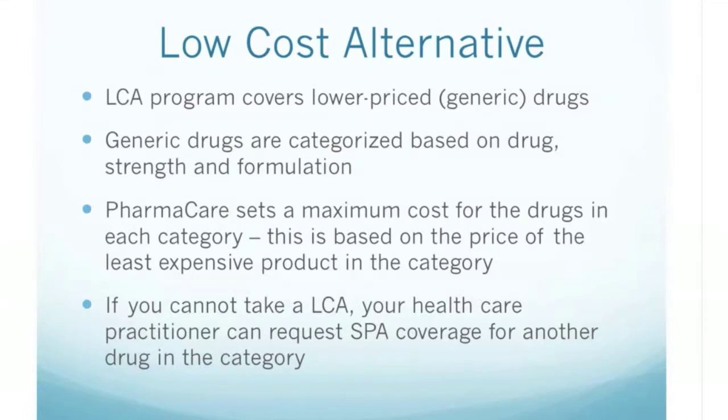And so that will be known as low-cost alternative. Now, if you cannot take a low-cost alternative drug that is covered by Pharmacare, your healthcare practitioner can request special authority coverage for another drug in that category.